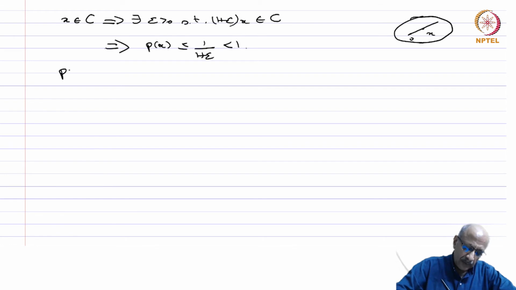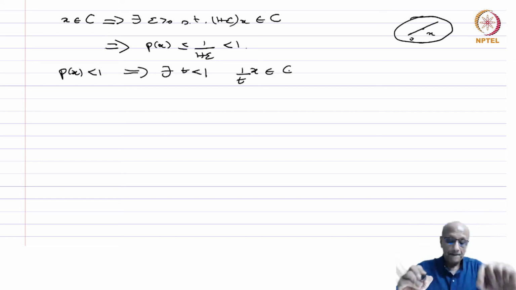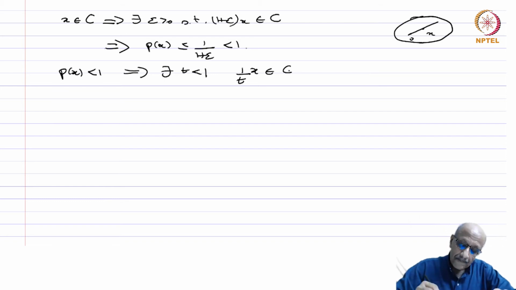Conversely, let us assume that Px is less than 1. Then what does it mean? Px is the infimum of all t or alpha or whatever you want, such that 1 by t of x belongs to C. So since that infimum is strictly less than 1, there exists a member of that set where you are taking the infimum which lies between these two numbers. So there exists a t which is still less than 1 such that 1 by t x belongs to C. Okay.